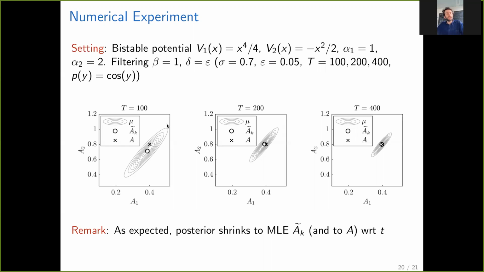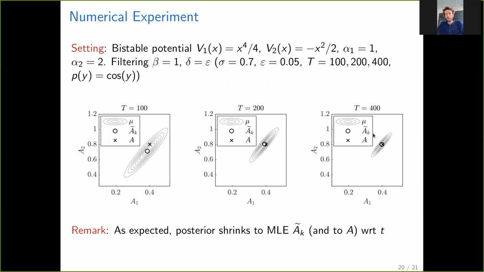And then we see that the posterior measure, whose isolines are depicted in this picture, shrinks towards the MLE. The MLE here at t equals 100 was a bit far away from the homogenized drift coefficient, but then the MLE moves towards the drift coefficient, and at the same time the posterior measure shrinks towards the MLE.